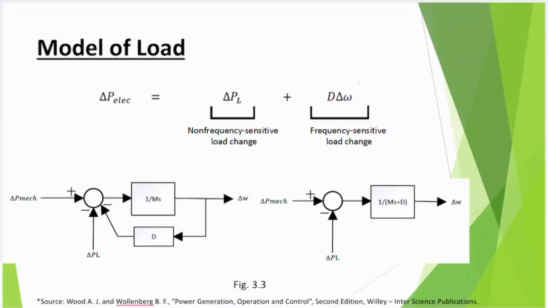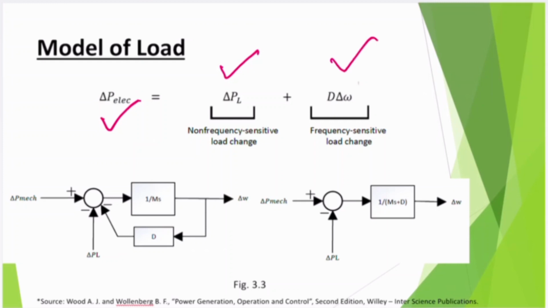That means there are a few load changes that are not frequency sensitive; irrespective of frequency, they will disturb. The other component is frequency-sensitive load changes. That means if you change the load, then the frequency will be disturbed. So the change in P, delta P, is given as two different components: one is delta PL, the direct load change, and the other is frequency dependent, which is D delta omega.